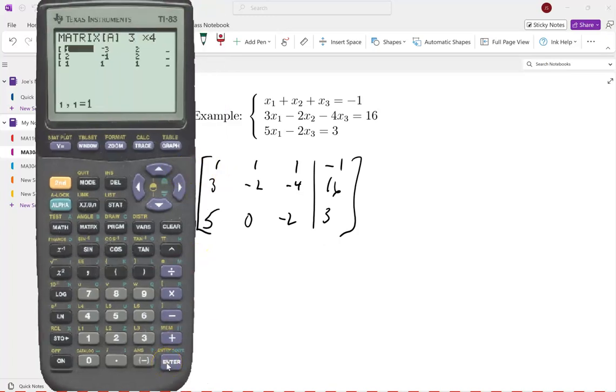It's still a 3 by 4. 1, 1, 1, -1, 3, -2, -4, 16, 5, 0, -2, and 3.